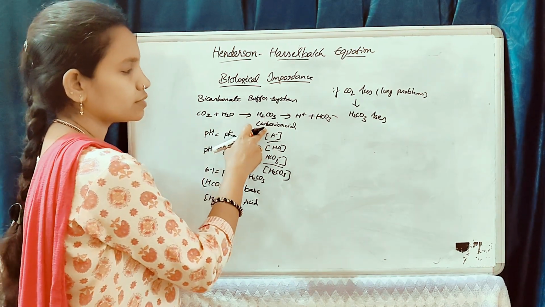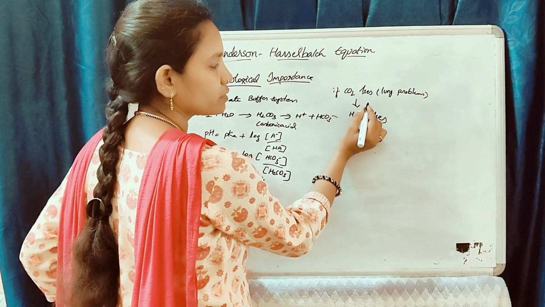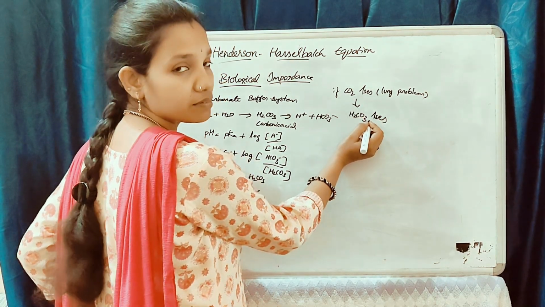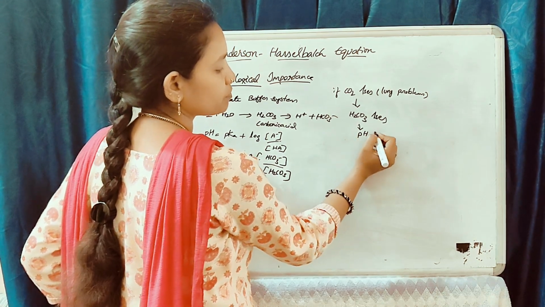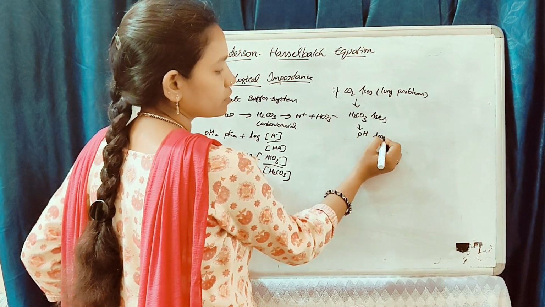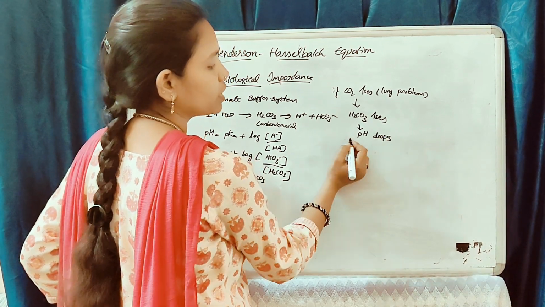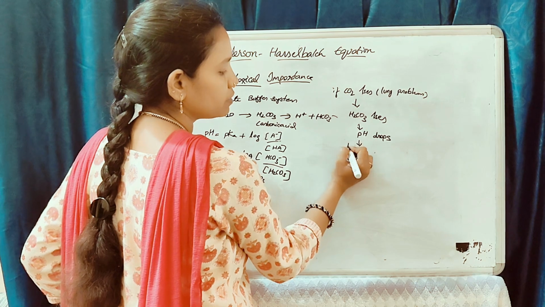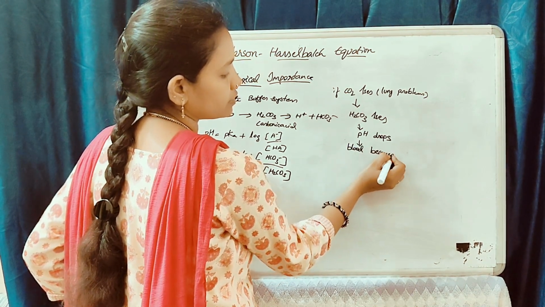So here the carbonic acid level also will increase, which leads to the pH dropping. If pH drops, what will happen? Blood becomes acidic, right?